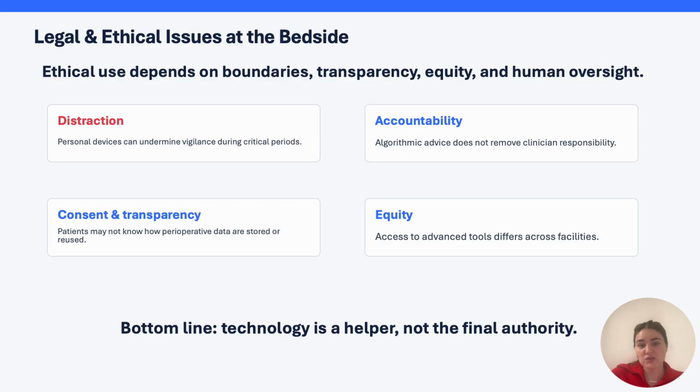Equity must also be considered. Some facilities have access to advanced monitoring and decision support, while others may lack the financial or technical resources to implement them. Ultimately, technology should be treated as a clinical assistant. It can support decision making, but it should never become the final authority over the anesthesia provider's judgment.